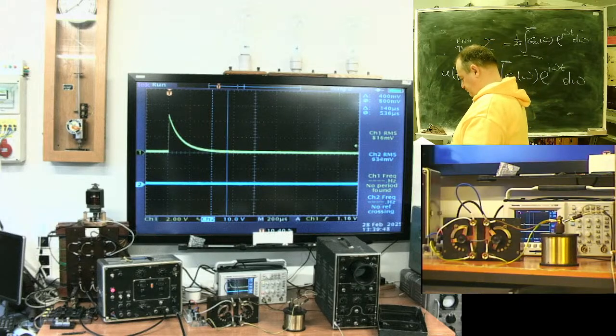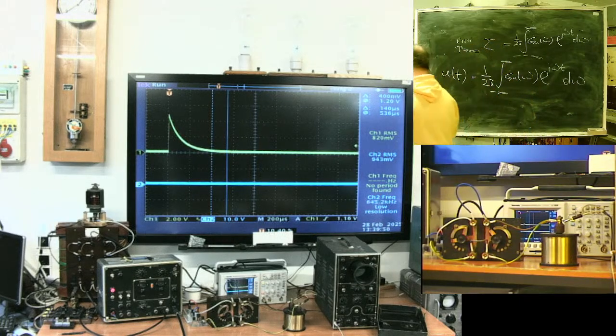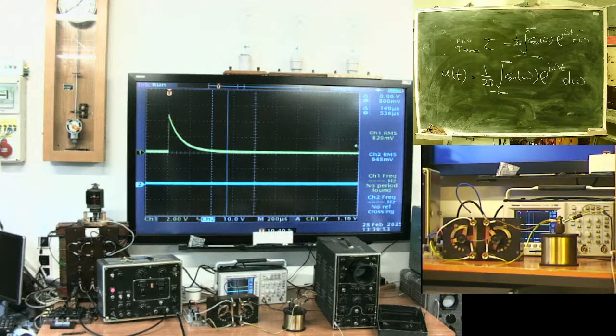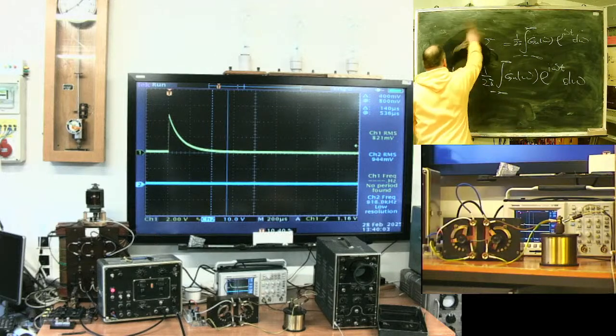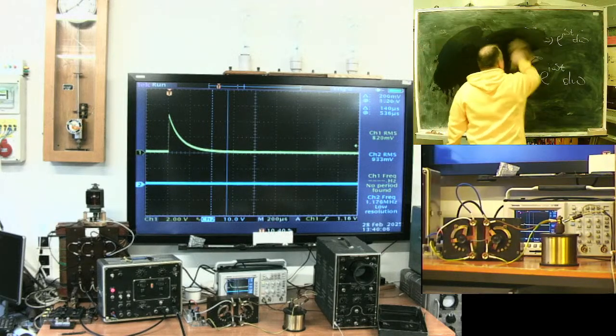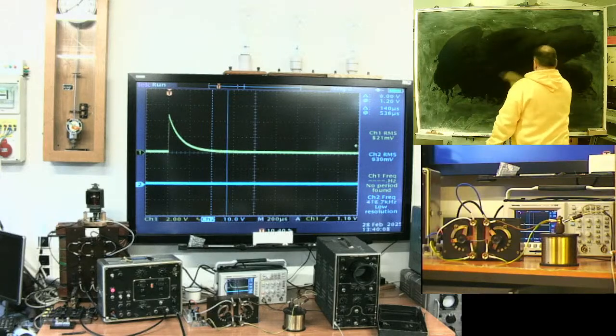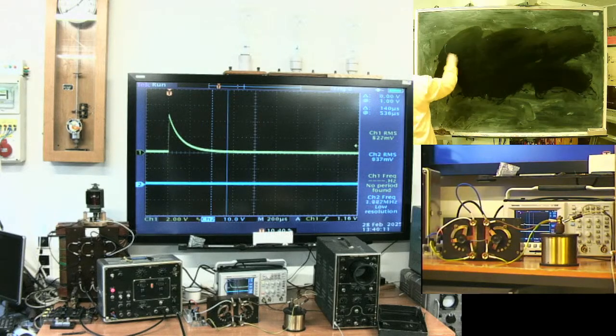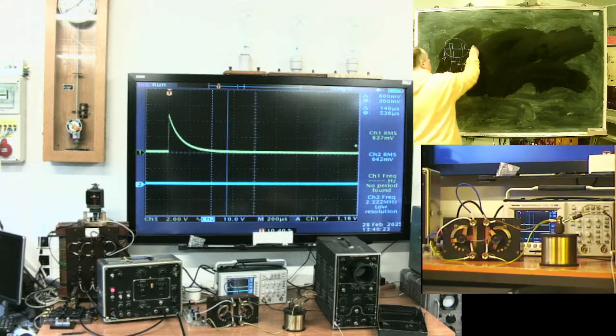Now, why? Where are we? We have again our circuit. I have a pulse generator, it's 2 microseconds, with a repetition period.